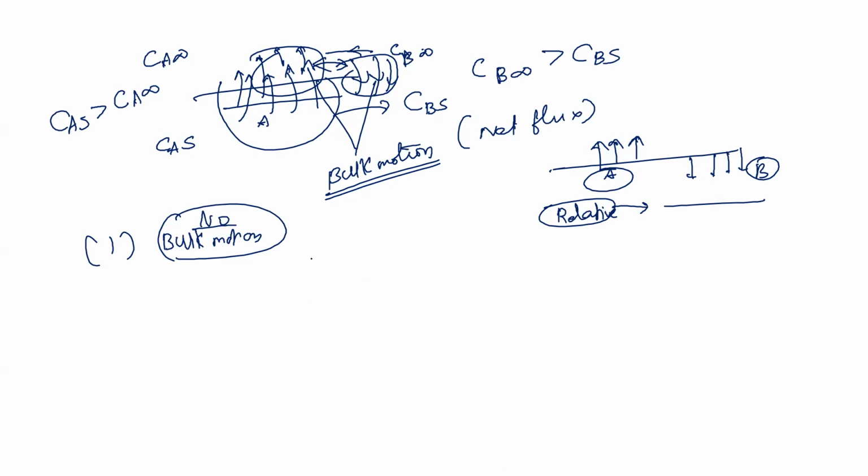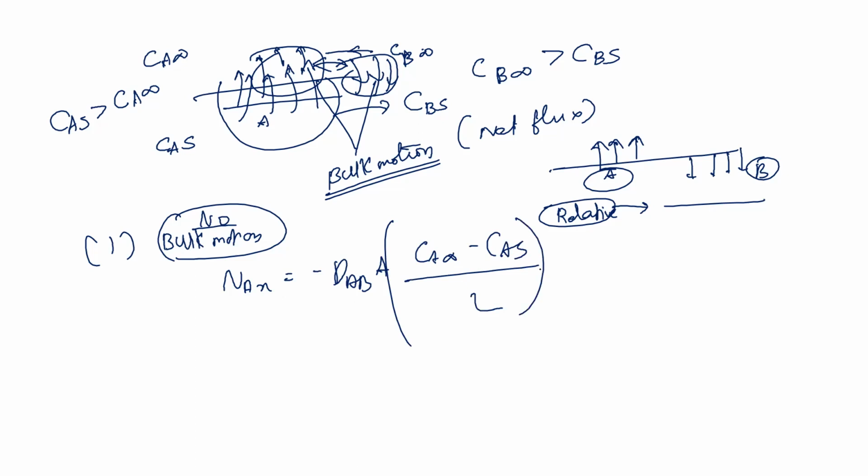So if we rewrite the equation, NAX equal to minus DAB into A into Ca infinity minus CAS by L, which can also be represented as minus DAB into A by L into 1 minus phi infinity into CAS.